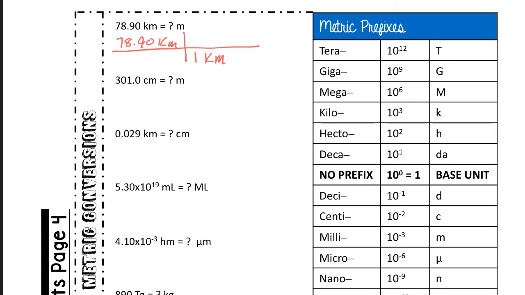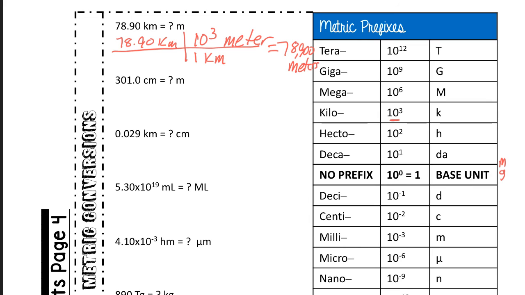Meters are going to be the base unit. So 1 kilometer is going to be 10 to the third meters. Remember, the base units are going to be meters for length, grams for weight. And then you're going to put that in your calculator and you're going to get 78,900 meters.